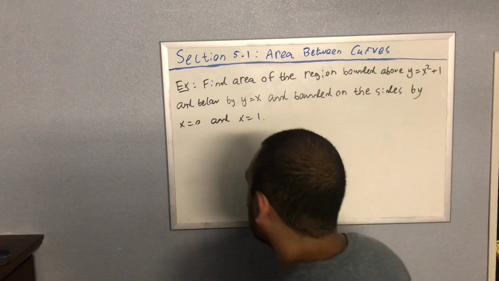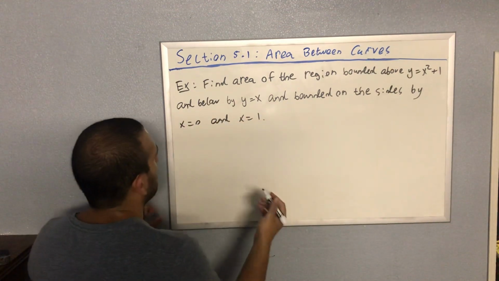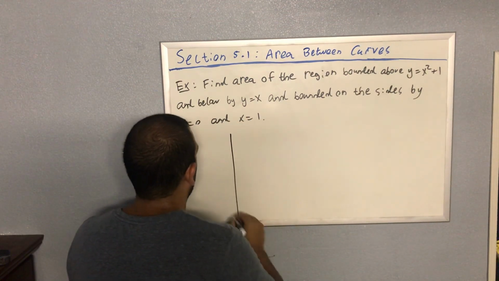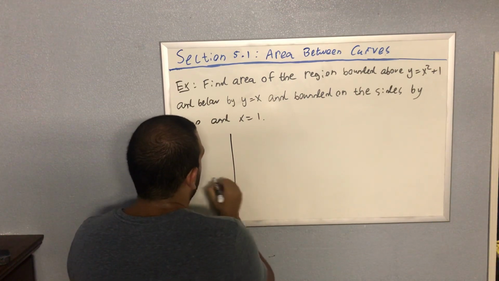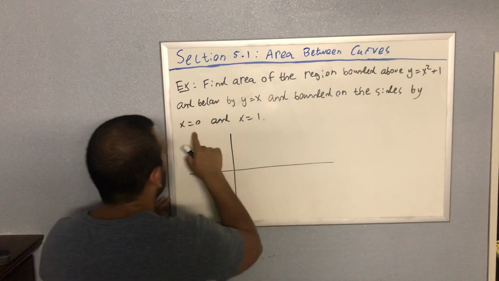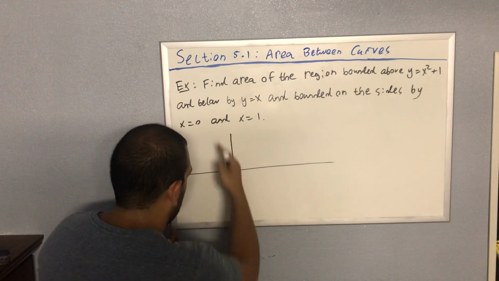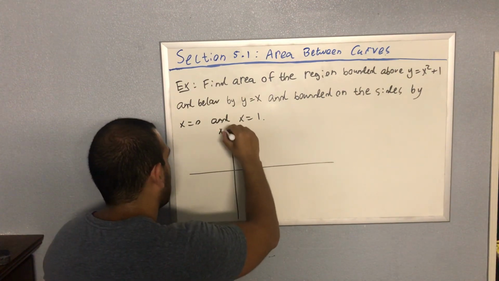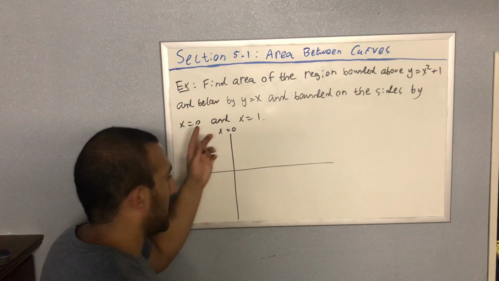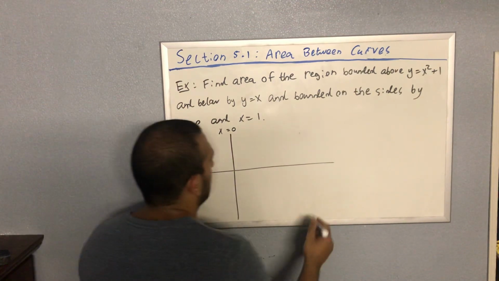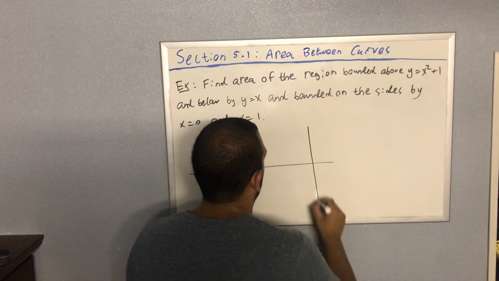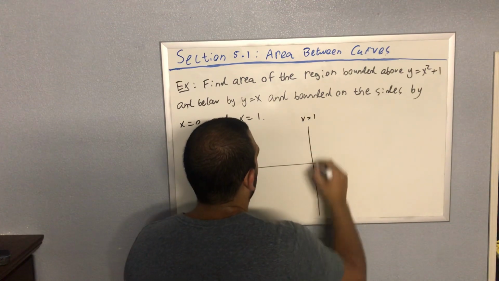So let's graph this to see what region we're actually trying to get. Okay, so x equals 0 is this vertical line, aka the y-axis. And then x equals 1 is this other vertical line 1 unit to the right.